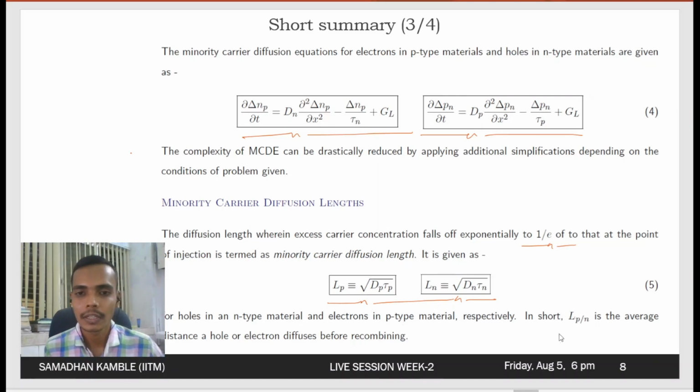In short, the diffusion length is the average distance a hole or electron diffuses before it recombines. This is also an important point to note.